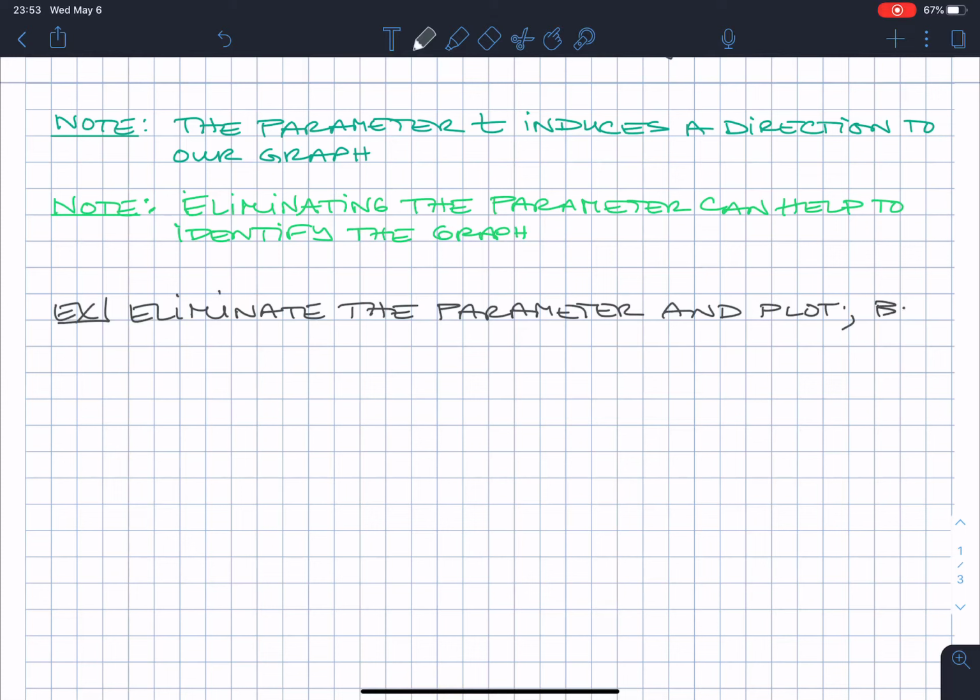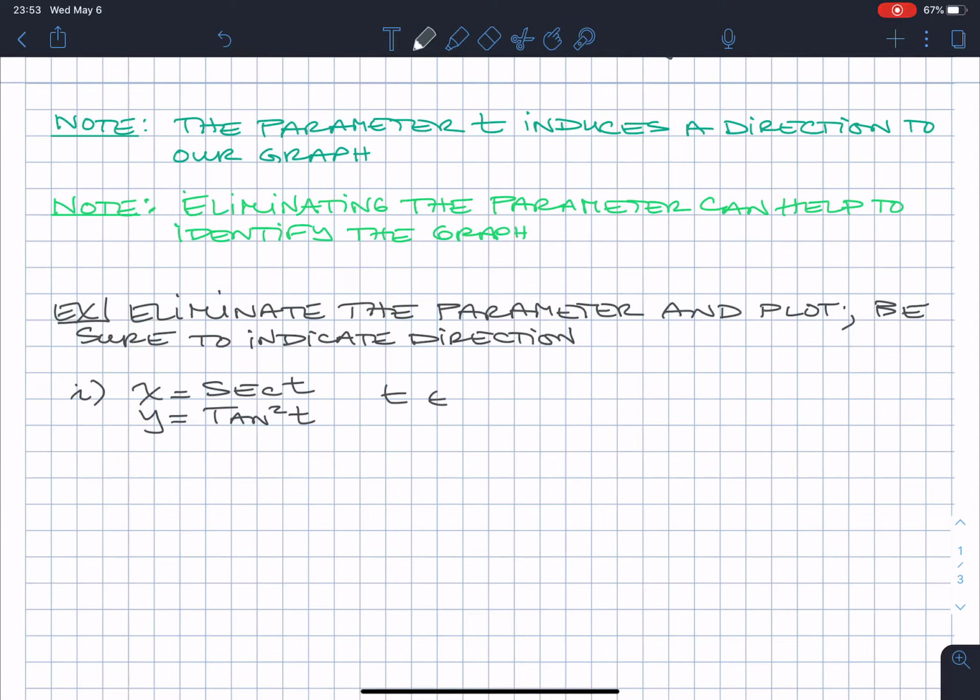So be sure to indicate direction. Okay, so number 1, let's say we have that x is secant of t, and let's have y be tangent squared of t, and let's have t be between 0 and pi/2.